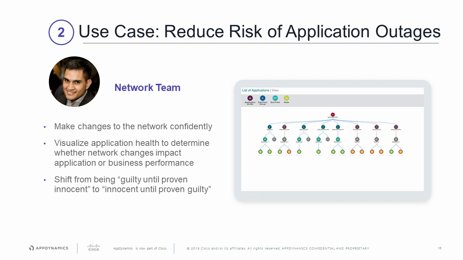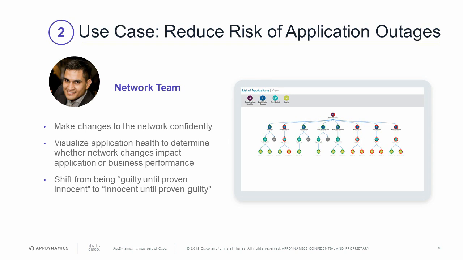And if they are being affected negatively, you can get to that configuration change, you can get to the policy change much faster. This also helps the network team shift from the mindset of being guilty until proven innocent to, hey, I am innocent all the time. Now, that doesn't happen, but still, it's a good visualization and a good visibility to have.